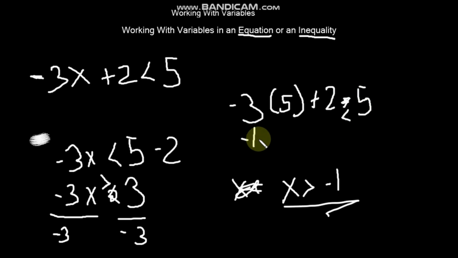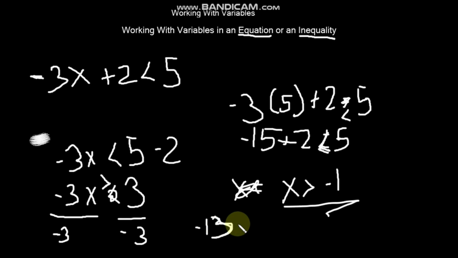So negative 15 plus 2 is less than 5. So negative 15 plus 2 is negative 13. Negative 13 is less than 5. It is, right? So we can say that this is the answer.